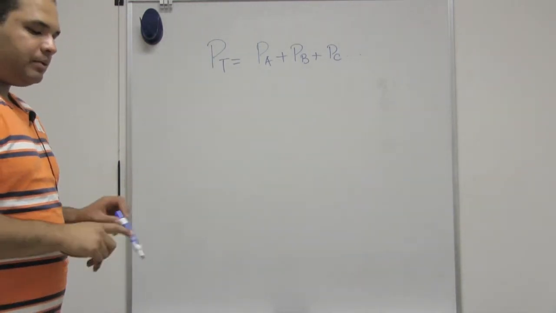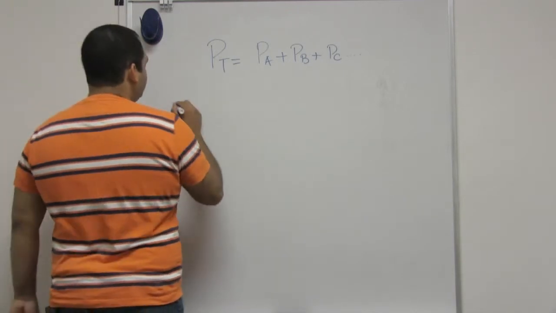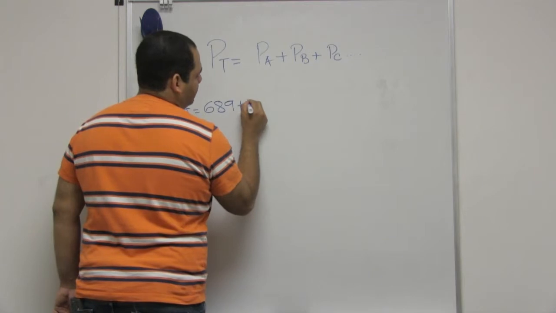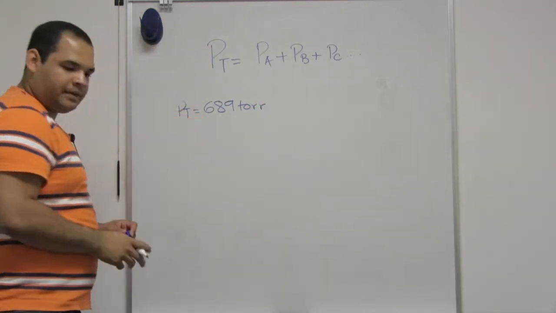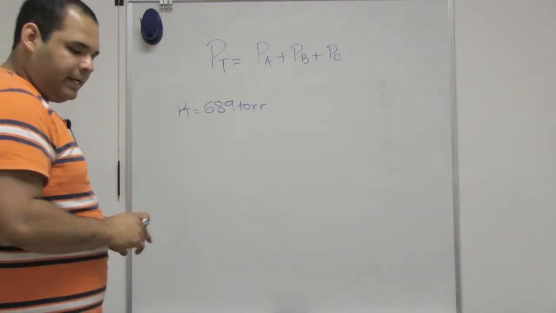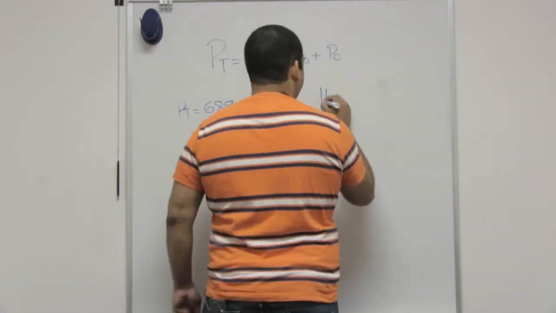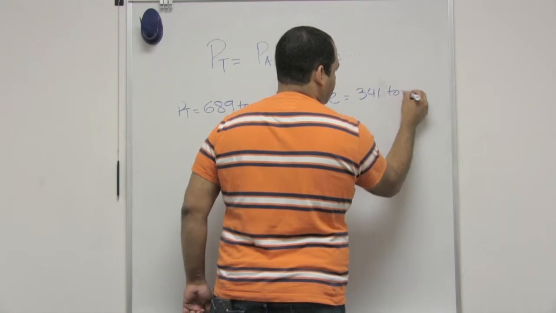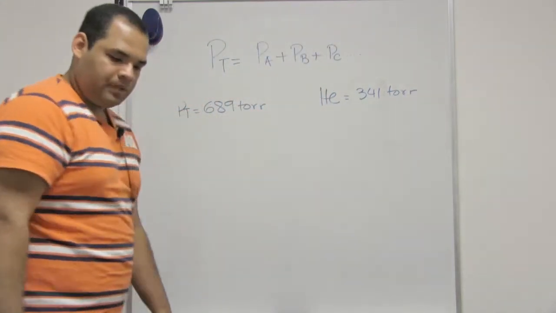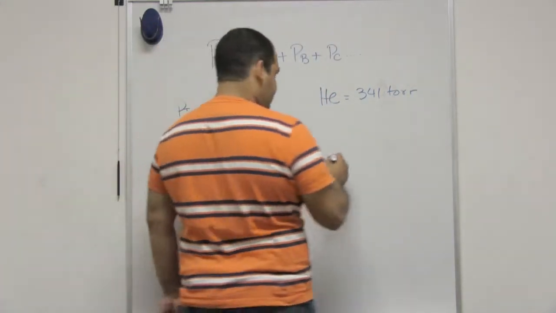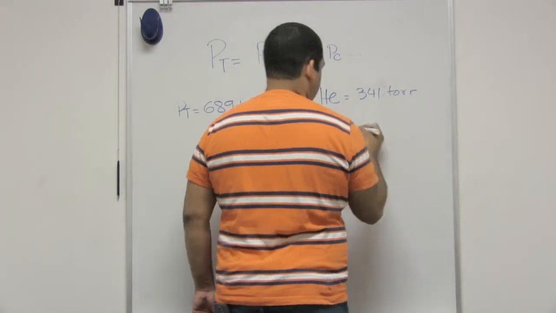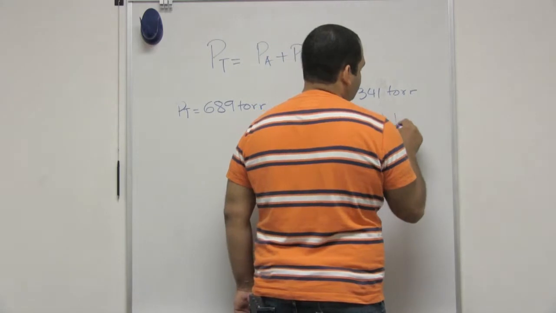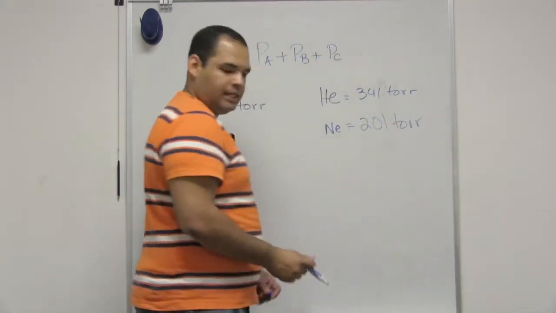So I have one example here. Suppose the total pressure is equal to 689 torr. For the 689, I have helium, which has a 341 torr partial pressure, and neon with a 201 torr partial pressure.